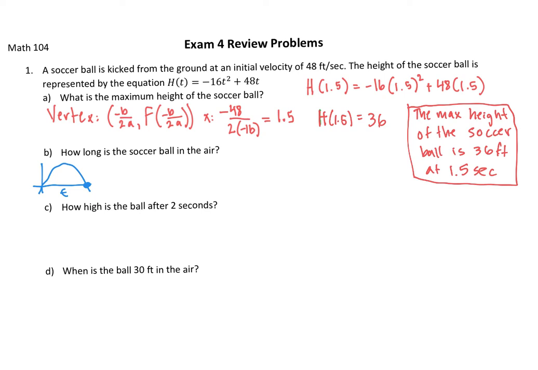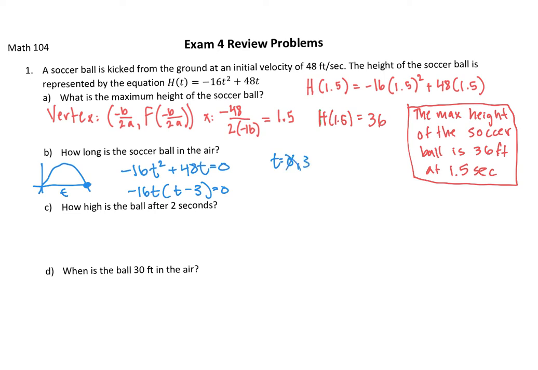Well, our height is h of t, so we are really just finding the x-intercepts. So we set that equal to 0. We're going to factor, and we get t equals 0 and 3 seconds.